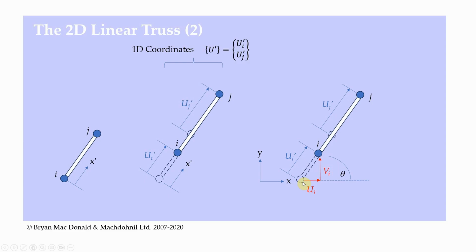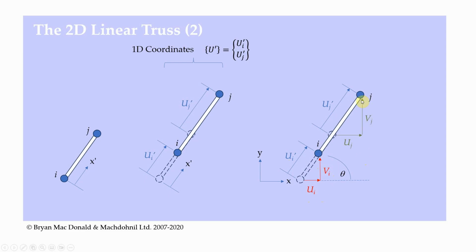Okay, so ui is displacement in the x direction in the 2D coordinate system, and vi is displacement in the y direction in the 2D coordinate system. So we can say that ui dash is equal to ui plus vi. So again, there's no dashes on these ones. The dash is in the direction of the truss or in its own 1D coordinate system. So the one-dimensional displacement ui dash is equal to the two-dimensional displacement ui plus vi.